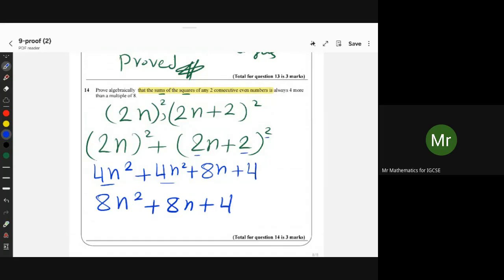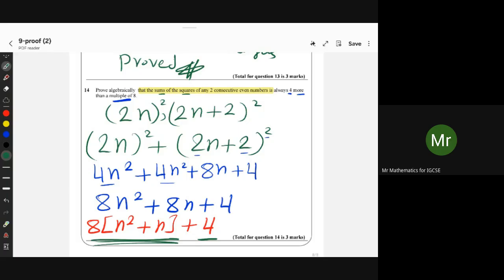Okay, he said 4 more than a multiple of 8. So we need to find a multiple of 8. How can we find a multiple of 8? Factorize by taking the 8 as a common factor. So we had n squared plus n, and we had plus 4. So here is the shape of something 4 more. What is this something?